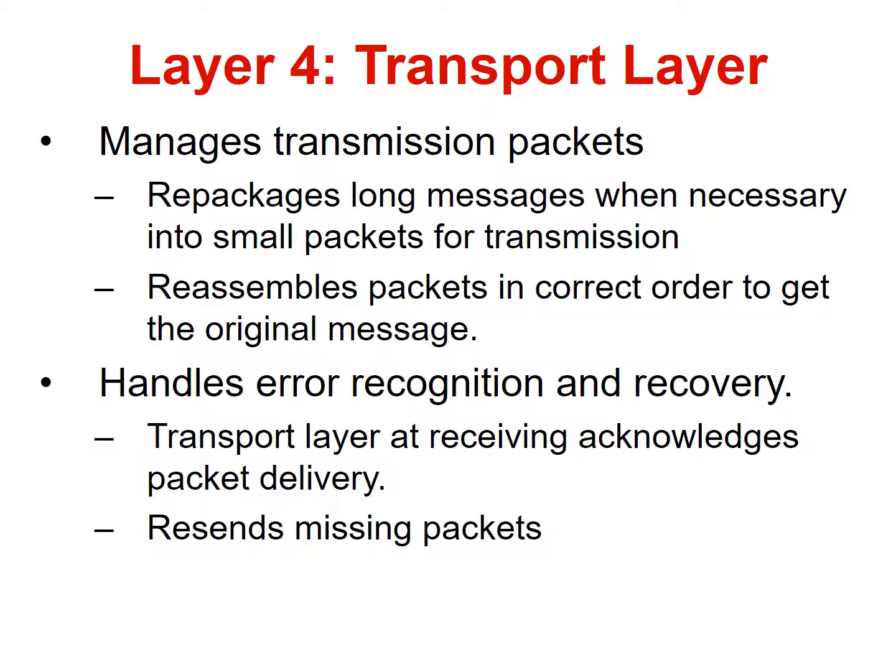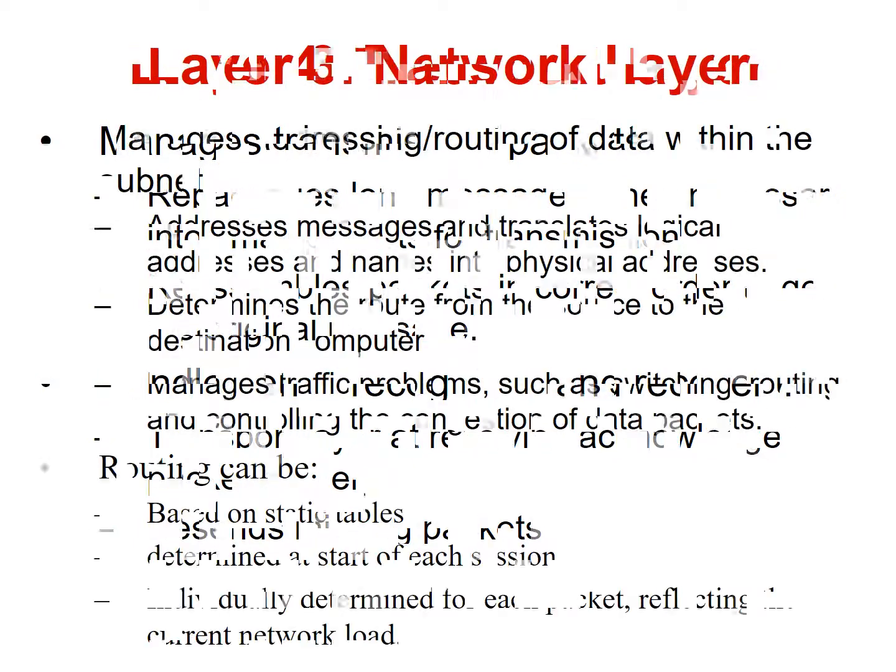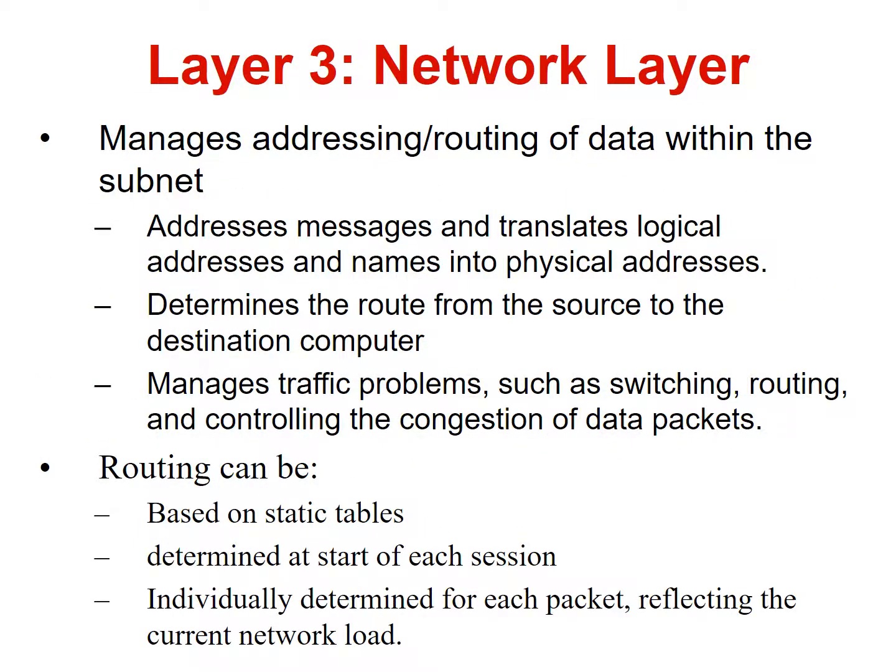So when the data is being transmitted from one point to another, it breaks down the data, and when the data reaches the application layer at the end user, the data is reassembled back so that it is in its original format.